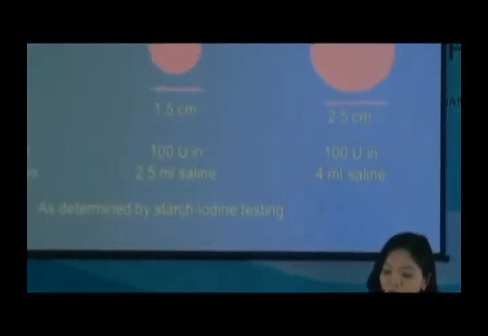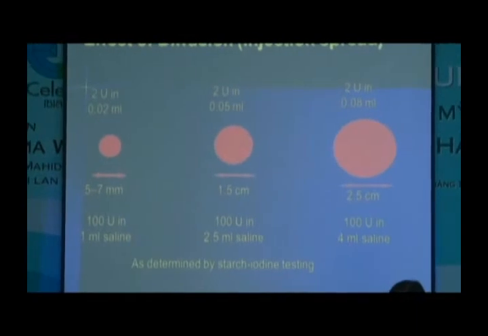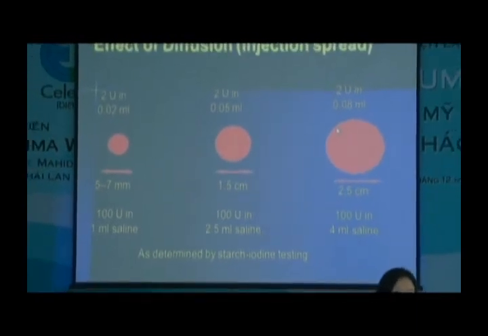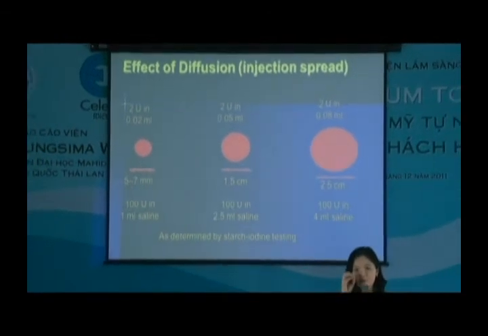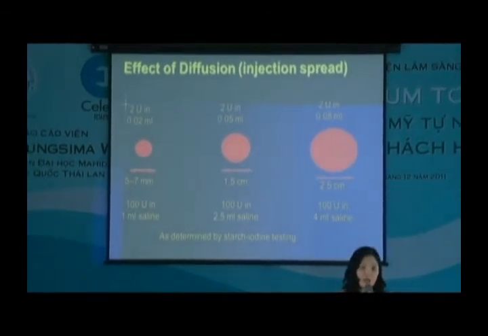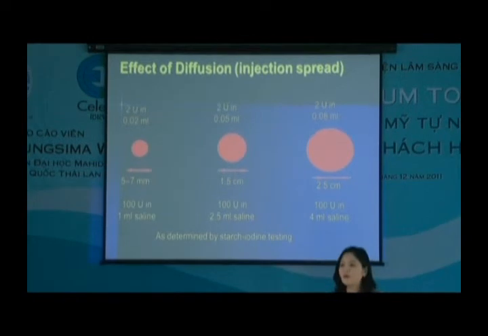But if you dilute it with very low concentration, 2 units can spread to 2.5 centimeter area. So if you want to inject, when you use higher concentration, it will diffuse only to small area. With lower concentration, it diffuses more.